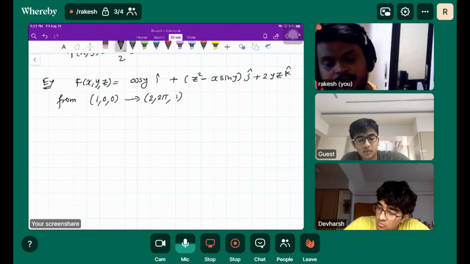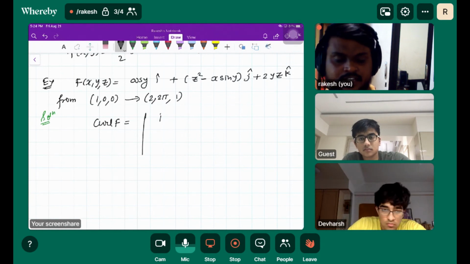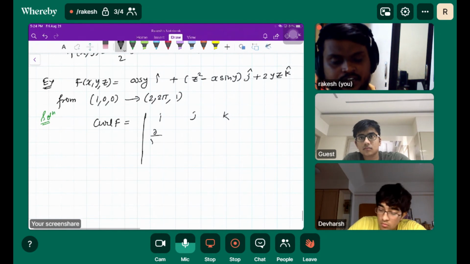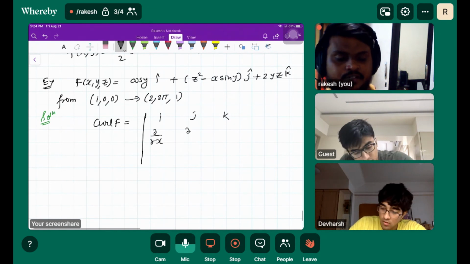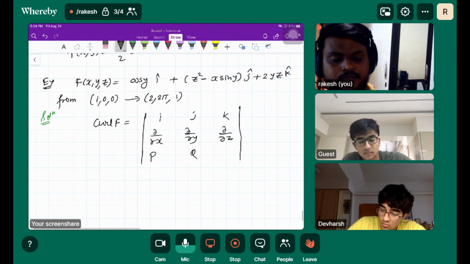So first of all we'll find out the curl. The curl of the given vector field is the determinant of i j k, del upon del x, del upon del y, del upon del z, p q r.